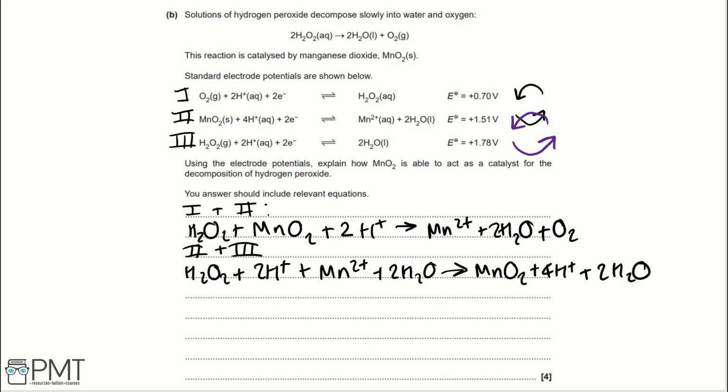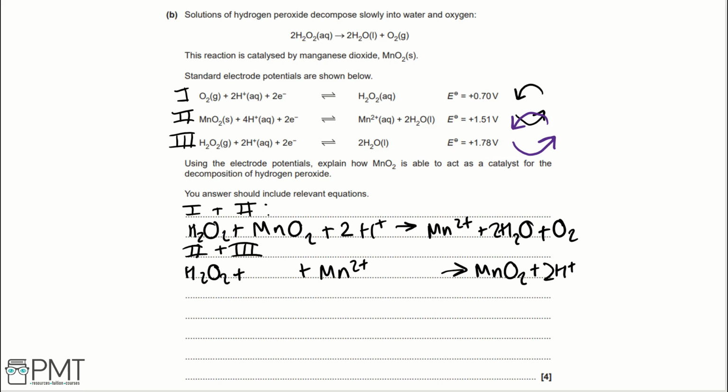So the H+ again, the 2 disappears and the 4 becomes a 2. But also we've got 2 waters on both sides, so they would disappear as well. So our reaction equation is pretty small for this one.